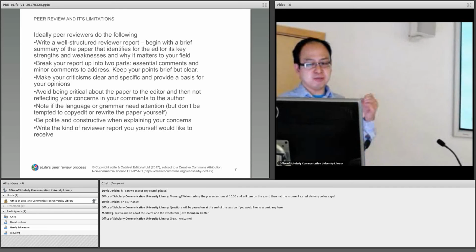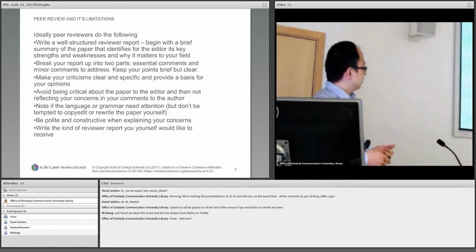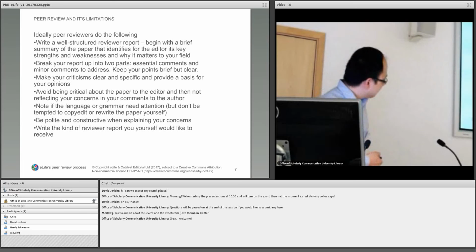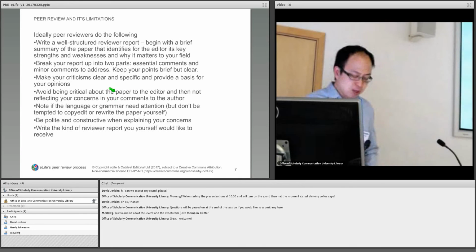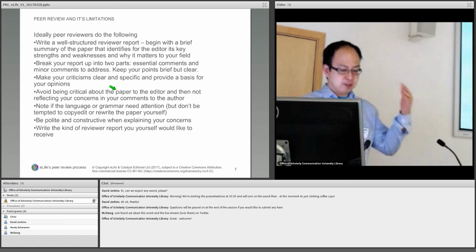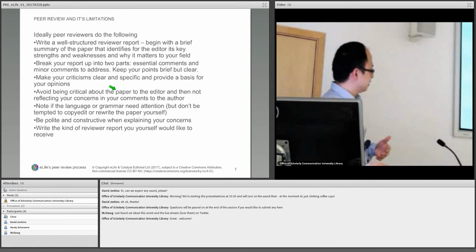Secondly, we'd like them to be clear and specific about their points. Correcting typos in your review is probably not a good use of time. When you're receiving your review, you'd prefer a review which is polite and constructive. Likewise, reviewers should be as polite and constructive as possible.